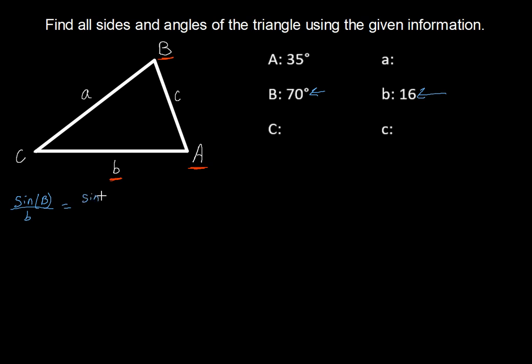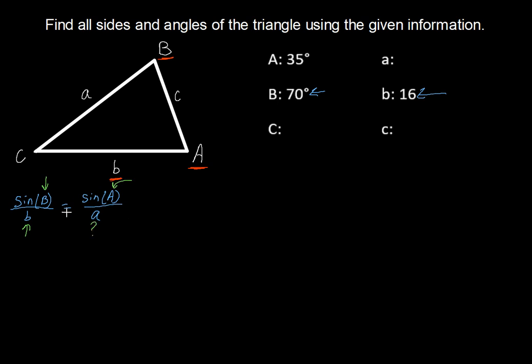So I'm going to solve for lowercase a since I know the angle that's opposite of it. This is all I have to write out. I'm not going to worry about capital C or lowercase c just yet. I'm allowed to do this because capital B is given, lowercase b is given, capital A is given, and that means lowercase a is my unknown.